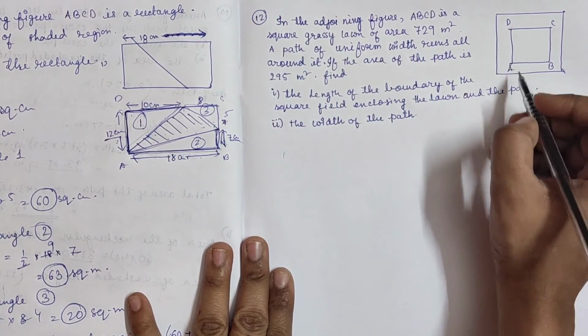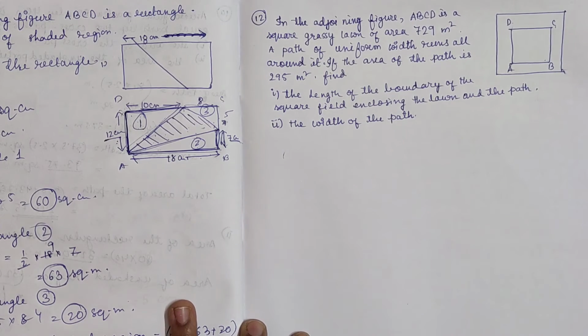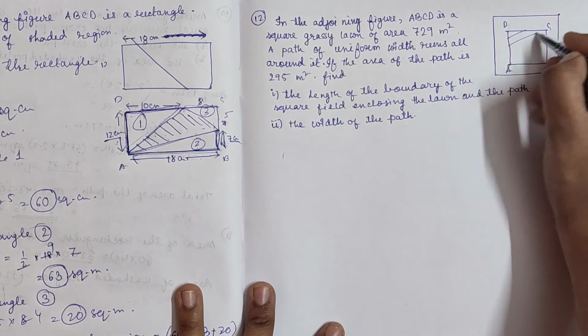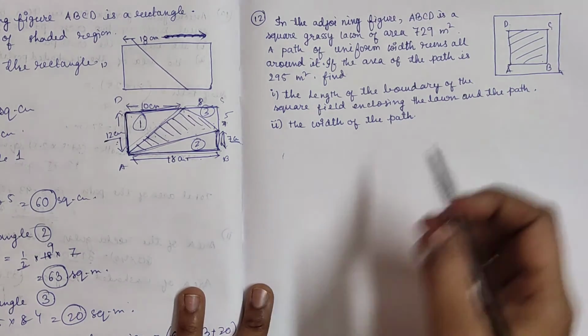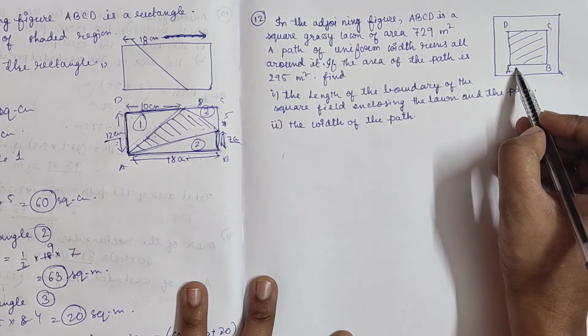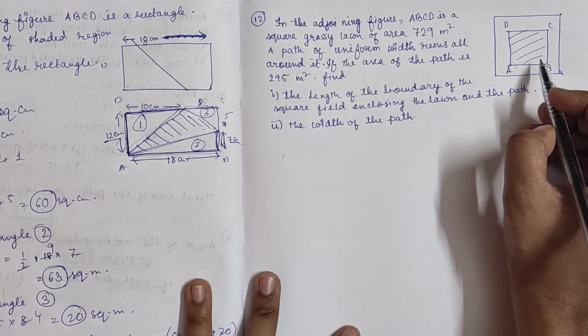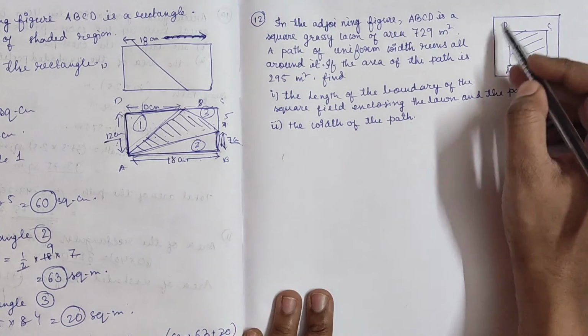In the joining figure, ABCD is a square grassy lawn. The area of the lawn is given as 729 meters square. A path of uniform width, though in the drawing it is not looking uniform, but actually it is a uniform path, goes all around it.